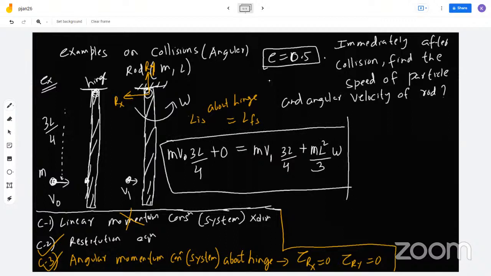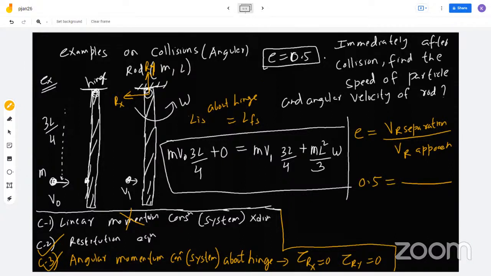And second one, the restitution equation: E is equal to V relative of separation divided by V relative of approach. So E is 0.5.